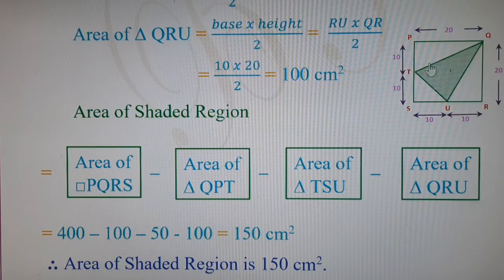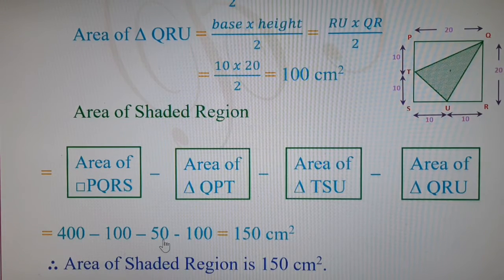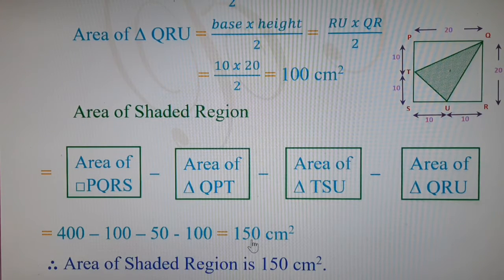And 100 is the area of the first triangle QPT. The second triangle is triangle TSU, its area is 50. And the third triangle QRU, its area is 100. So 400 minus 100 minus 50 minus 100, our final answer will be 150 centimeters square.